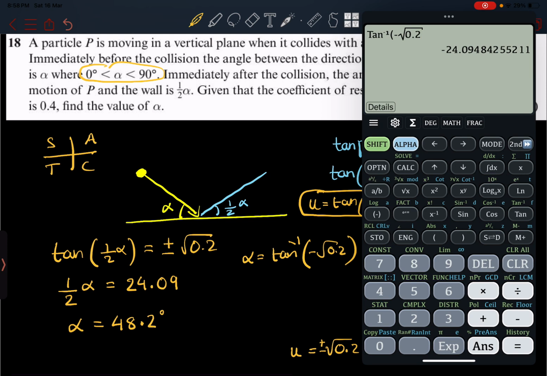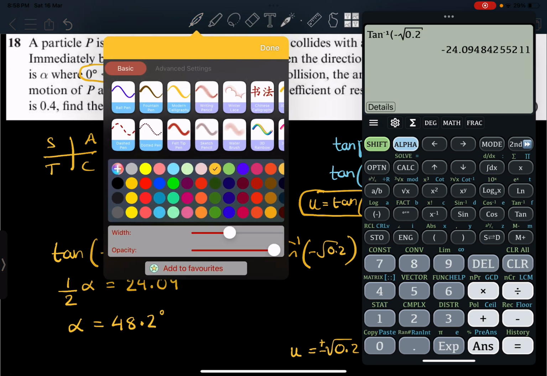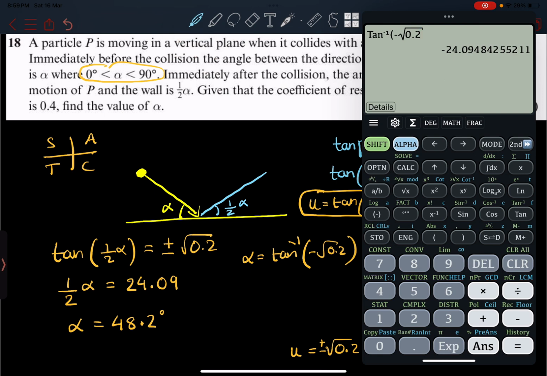However, if we do it now, I call it the cousin angle. So this one is negative 24.09, so its cousin is going to be 180 take away 24.09, and then half alpha would come up to 155, which doesn't really help us make alpha between 0 and 90.